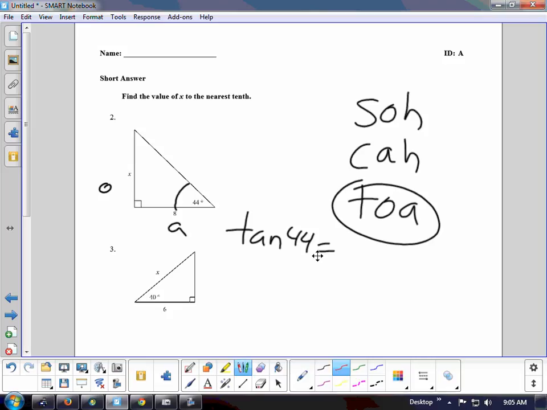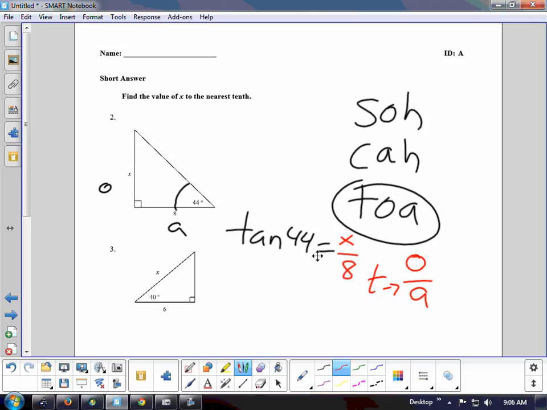Kids didn't understand the O and the A meant O over A. Tangent is O over A. O is x. A is 8. x is on top, multiply, and stop. Two birds with one stone there. So multiply to get your answer and stop.